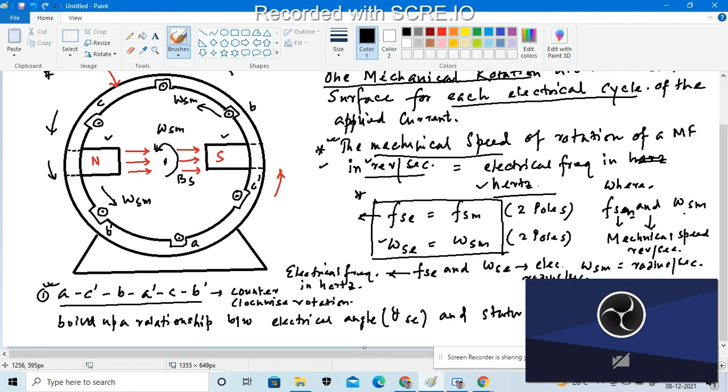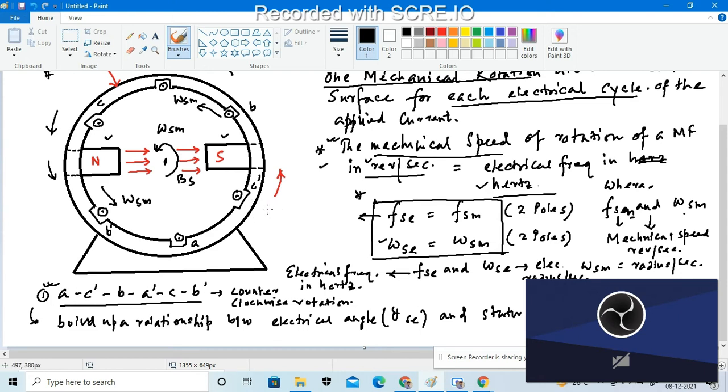Now the relationship is how could we establish it if the rotation is twice, that means the same pattern will become again. So the rotation should be like how? This pattern will become again.